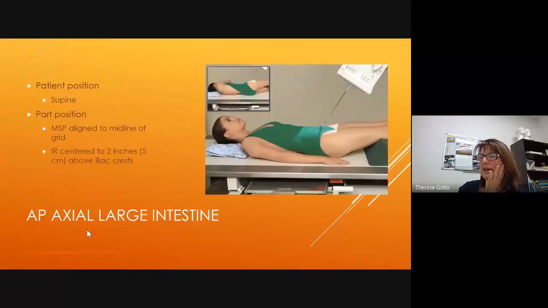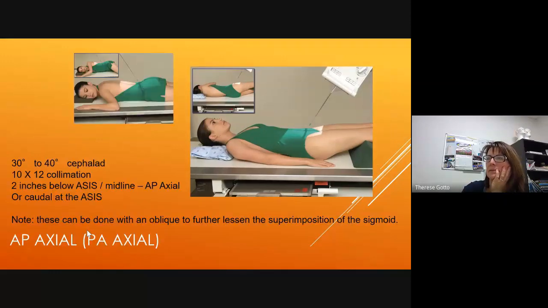Okay, so this is showing an AP axial. The IR is centered 2 inches above the iliac crest, and everything's midline. Your angle on your central ray is 30 to 40 degrees cephalad.